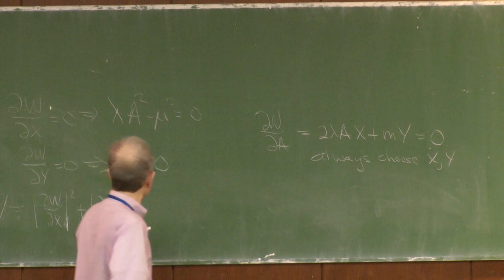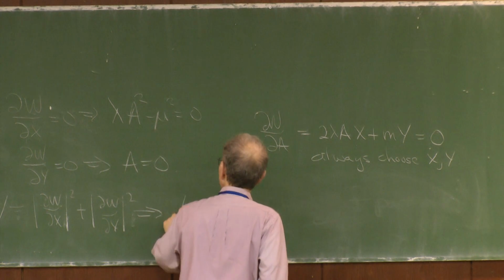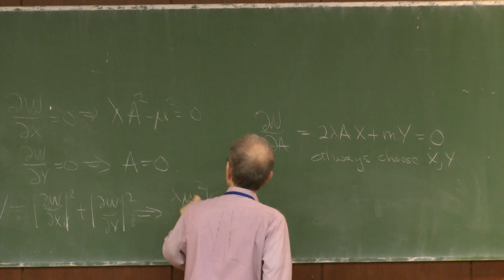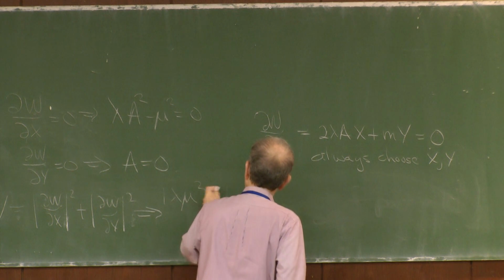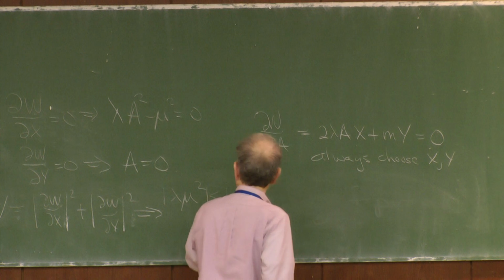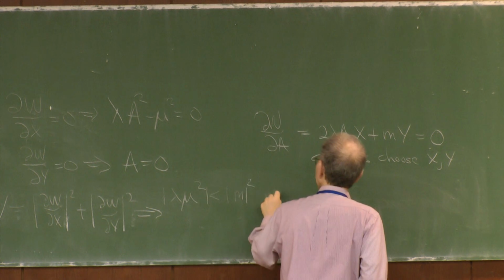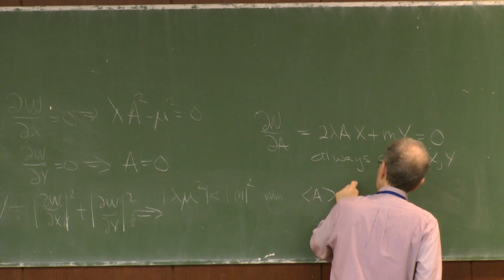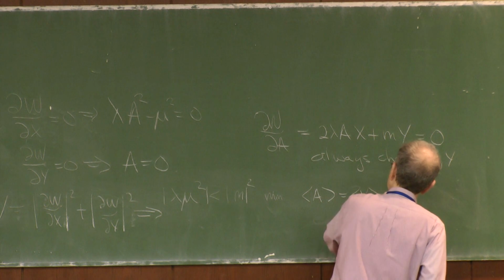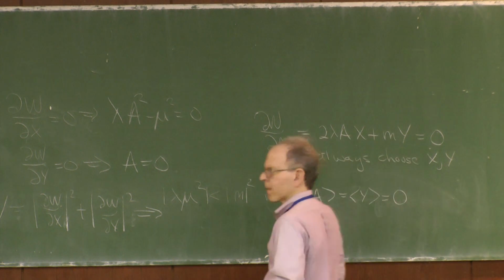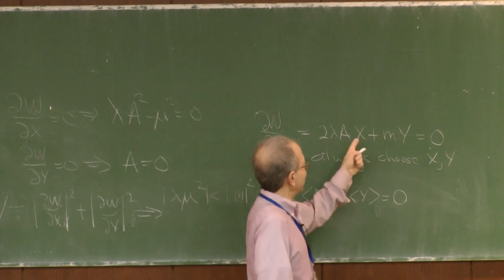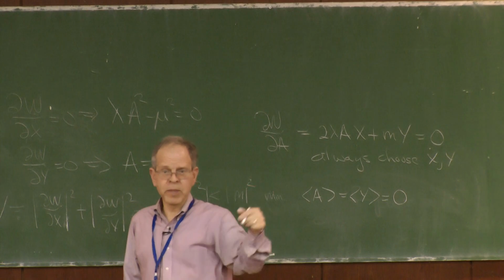But you can just check that, for example, if lambda mu squared is less than m squared, then the minimum is at A equals Y equals 0. And X, because if A equals 0, X can be anything, so X is undetermined.